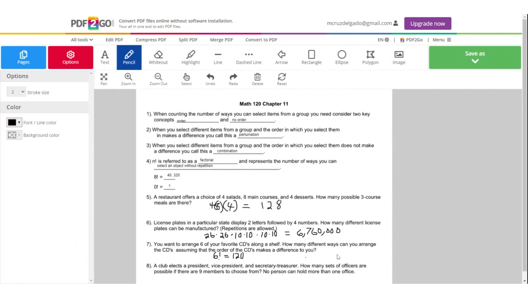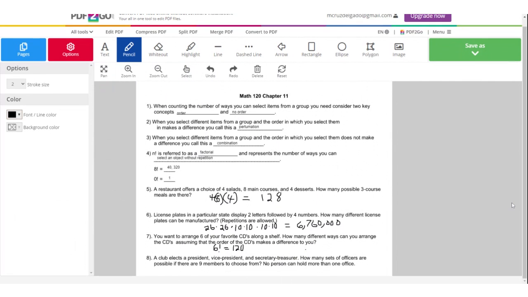All right, now here's an actual genuine permutation, because you're selecting three things where order is important, because the president, vice president, and secretary treasurer are not the same. So you're picking 3 out of 9.